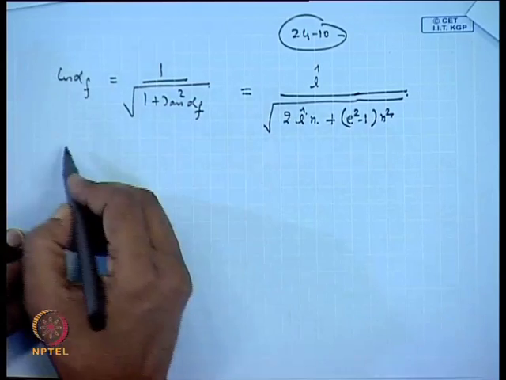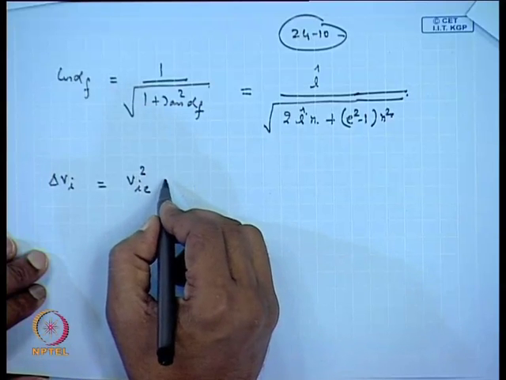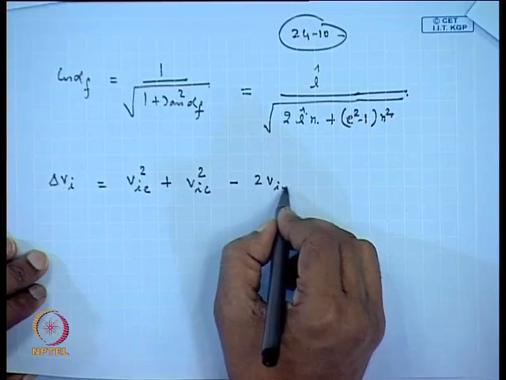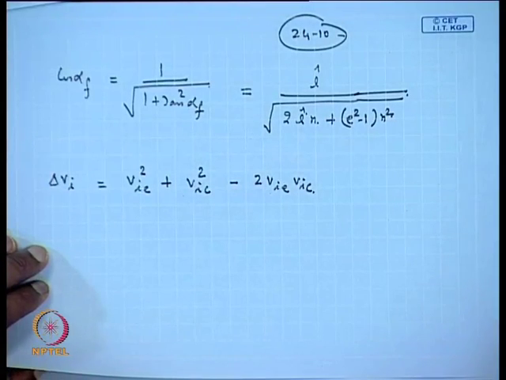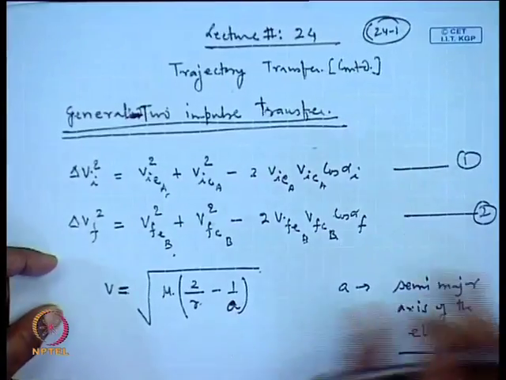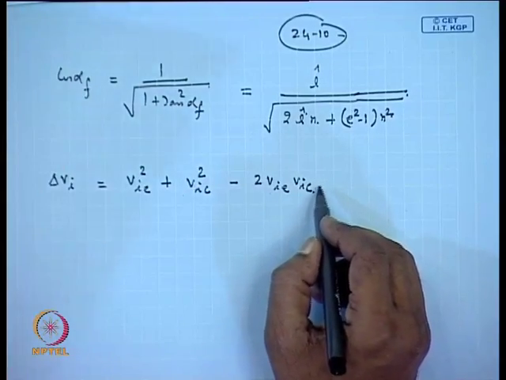So, our job is done, and therefore, delta V I can be written as V I E square plus V I C square minus 2 V I E times V I C cos alpha I. Okay, so this is the equation that we wrote. So, these are the two equations. So, insert the value of the cos alpha I and cos alpha f in these two equations 1 and 2.